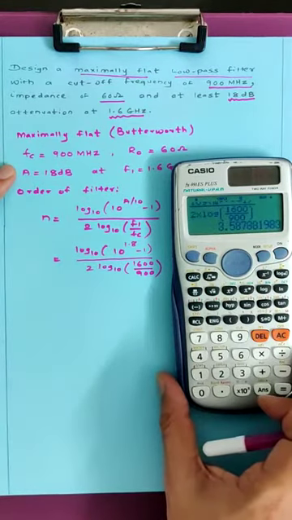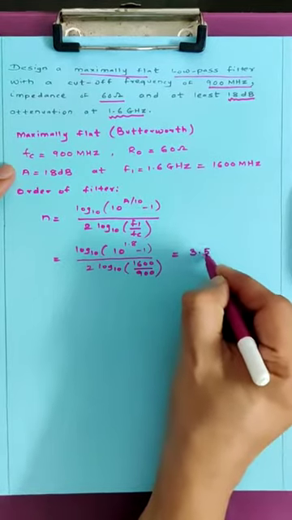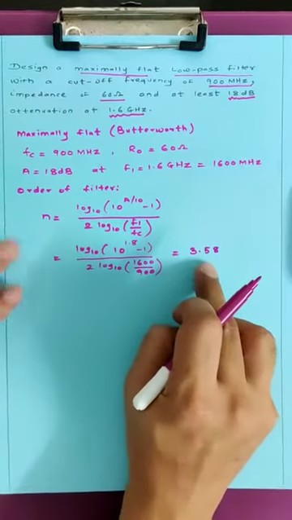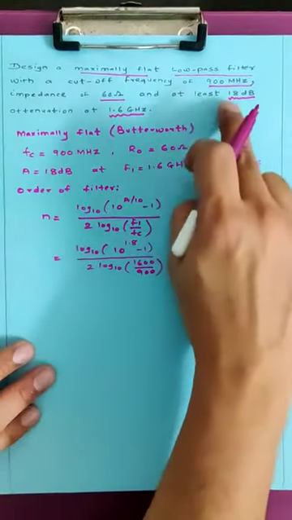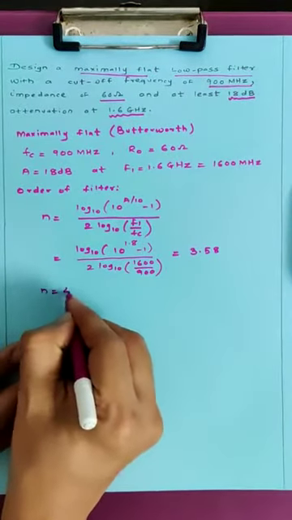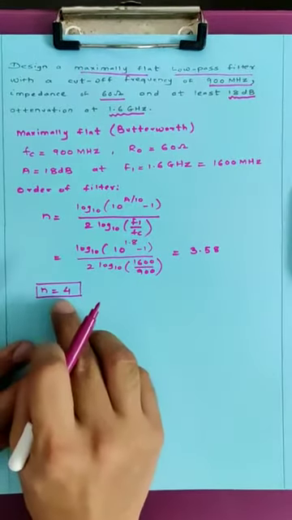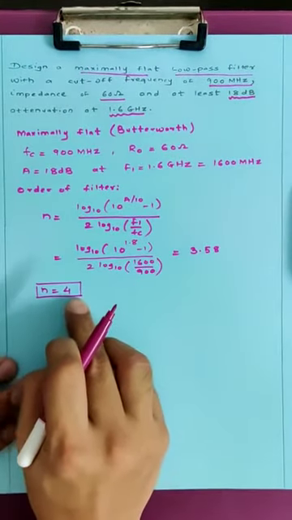It turns out to be 3.58. Now we want at least 18 dB attenuation, so we'll select the order of the filter as 4, the next integer of this one. So n is equal to 4.